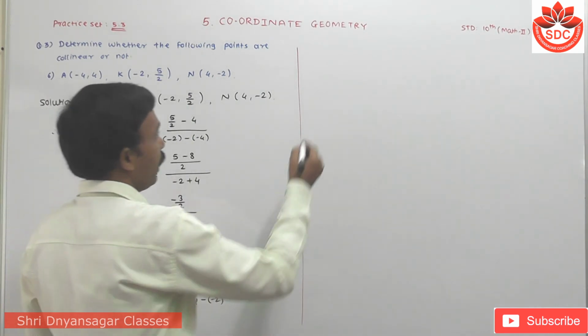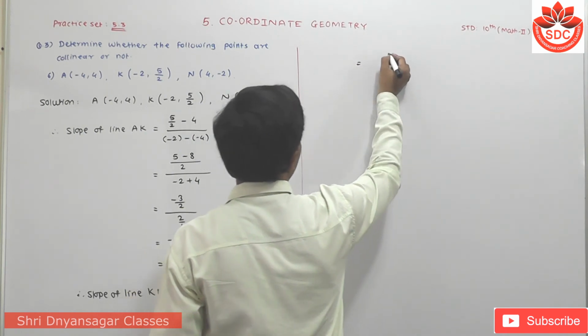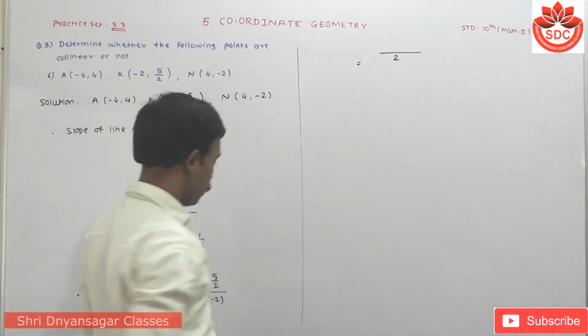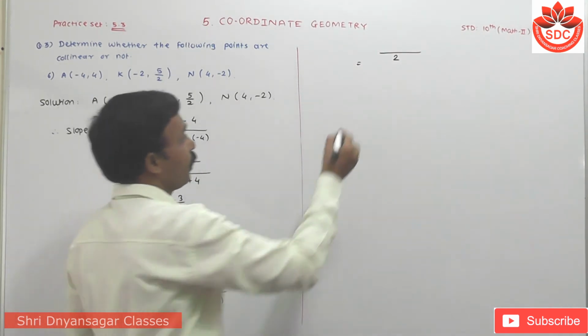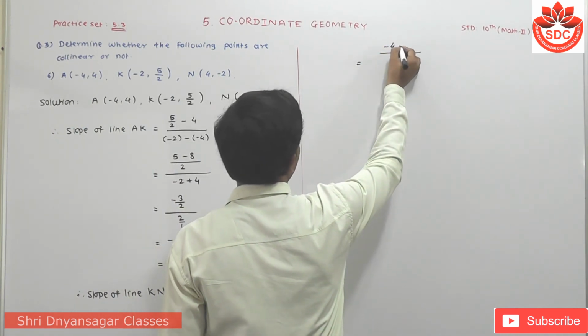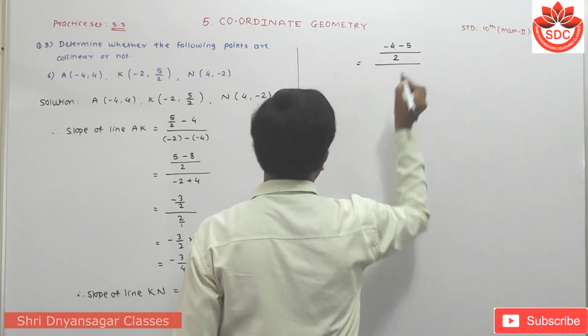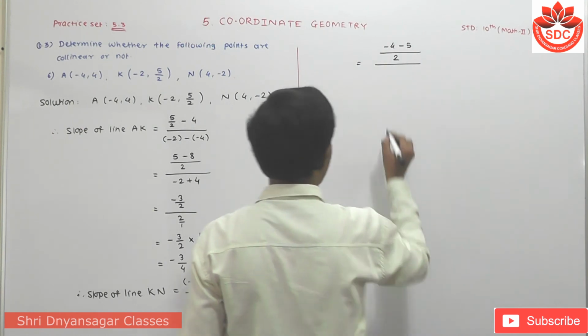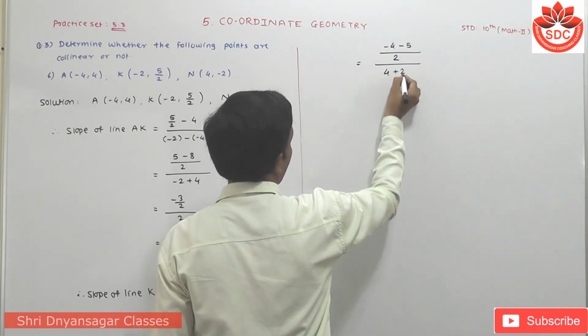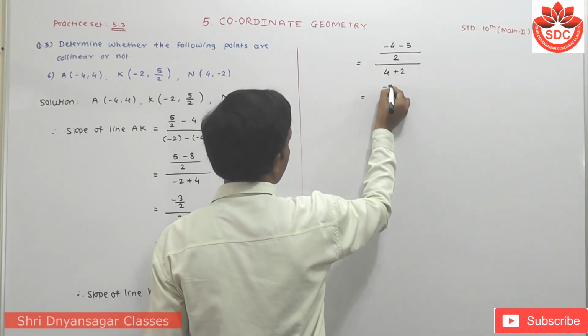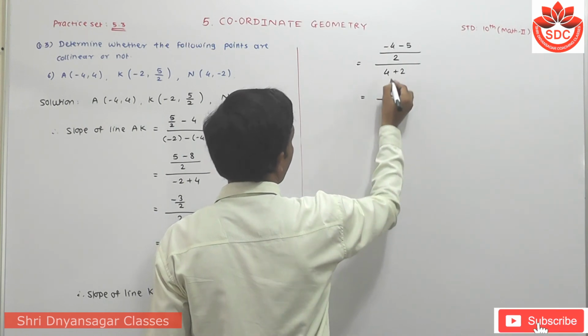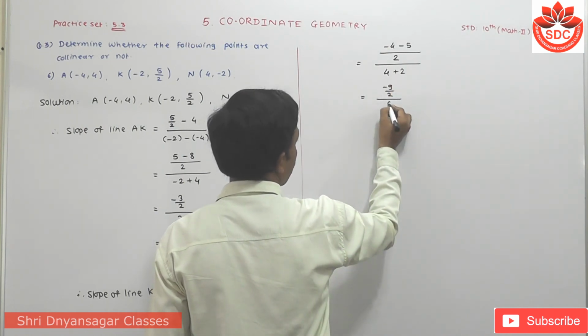Then student, again I have taken LCM of numerator, which is 2. Then 2 twos are 4, which means -4. Then this -5, upon 4 plus 2. Then it becomes -9 upon 2, upon 6.